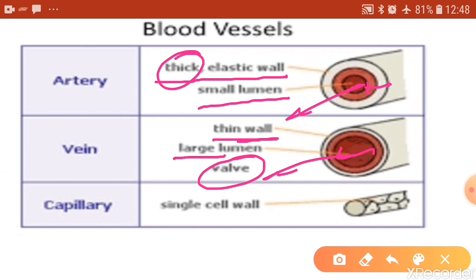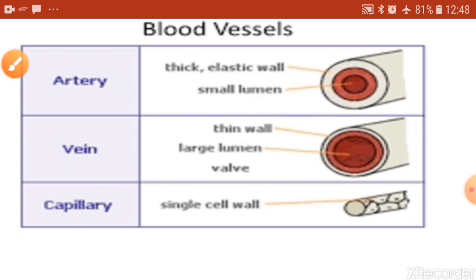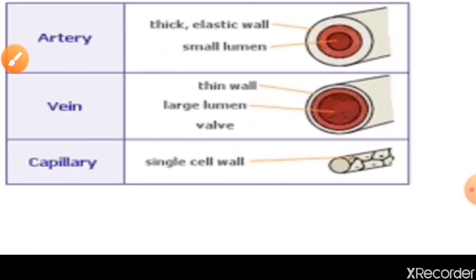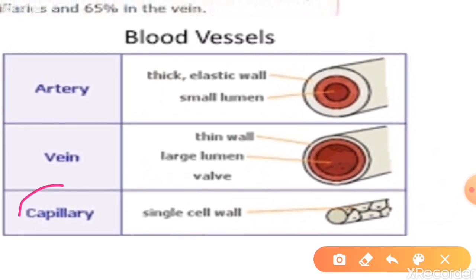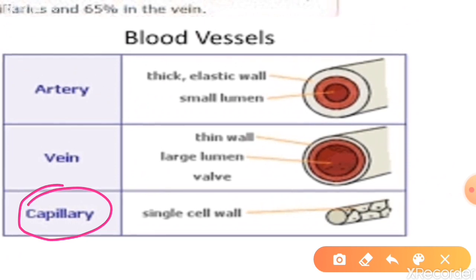And what about the capillaries? The capillaries are the blood vessels which are very thin. They are the finest blood vessels present in our body. The wall of the capillary is made up of just one layer of cells.